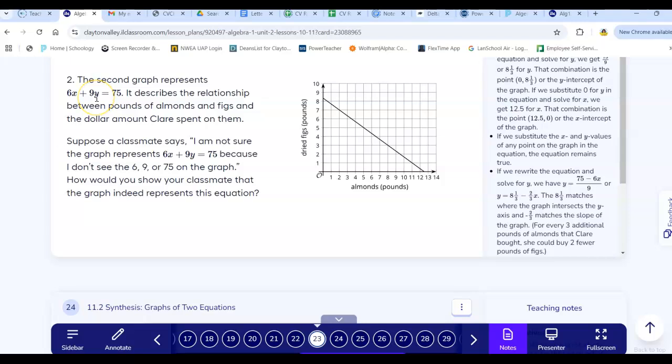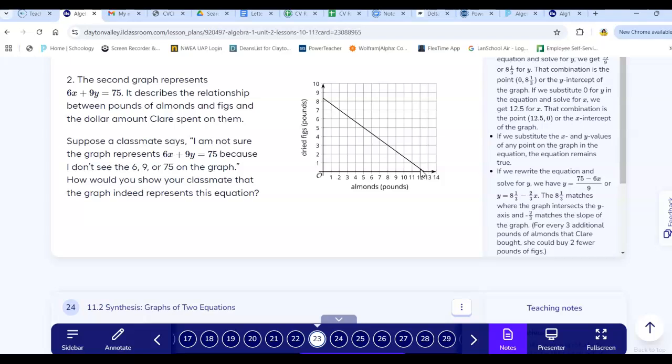Okay? So if she didn't buy any figs and she only bought almonds, she would have 75 divided by 6. And if you divide 75 by 6, you get this number right there, 12 and a half. Okay?